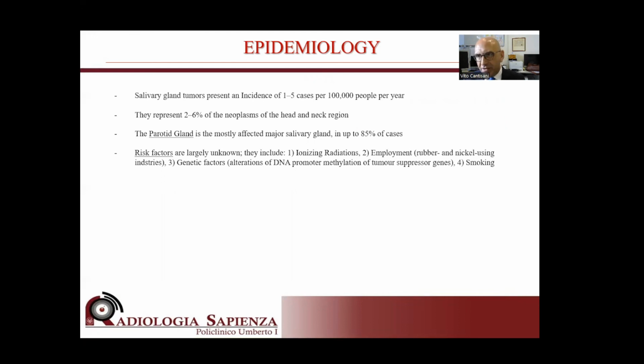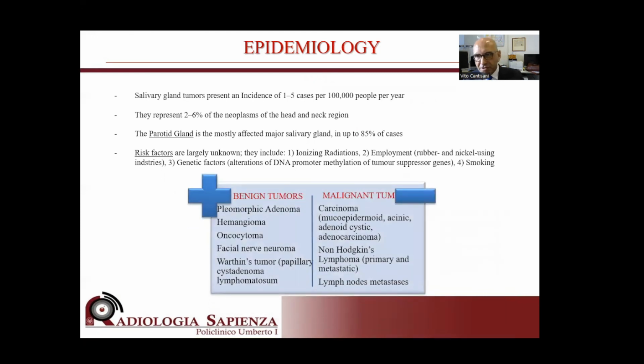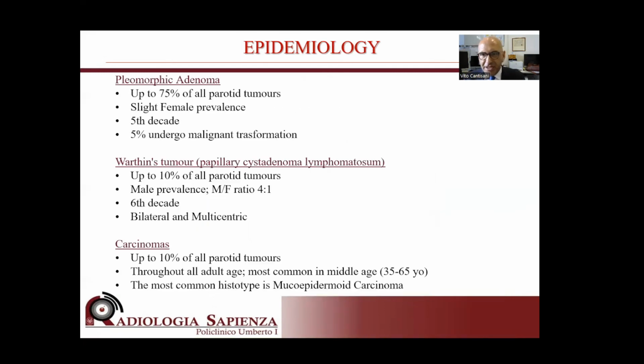We know that we have to deal with some risk factors: ionizing radiations, employment, genetic factors, smoking, and we know also what are the different benign or malignant entities. Here are the most frequent that you will encounter during your daily life.